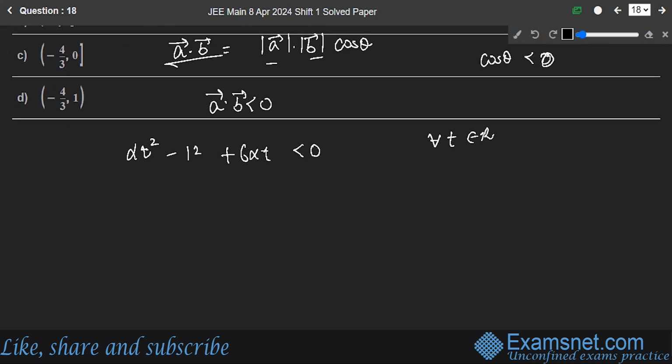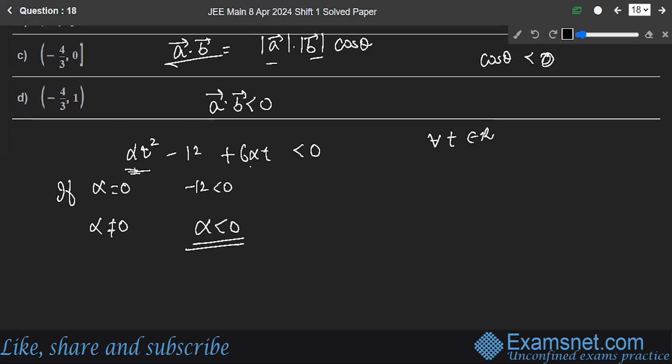Now, there are two cases. If alpha is equal to 0, in that case, 12 is for sure... Right, that's true. If it is not 0, then alpha should be negative only.